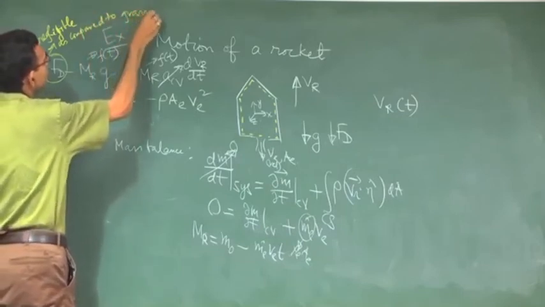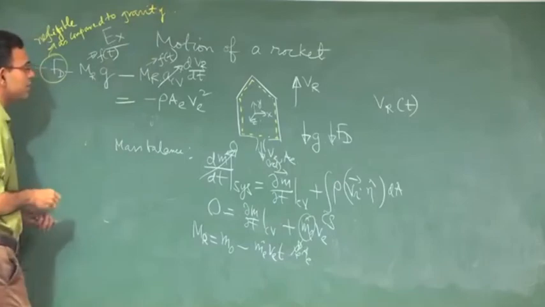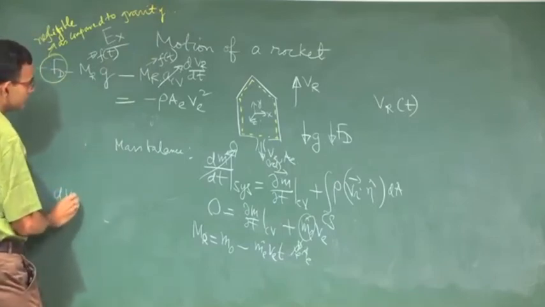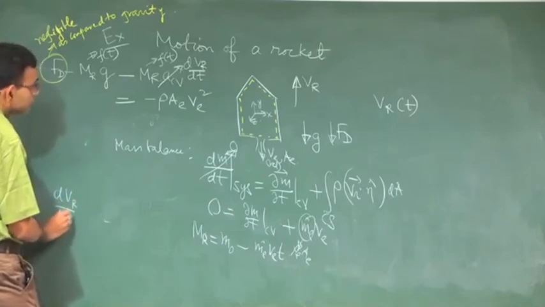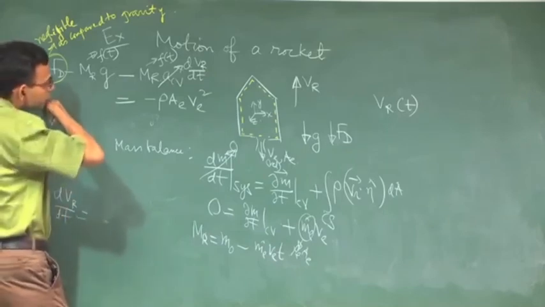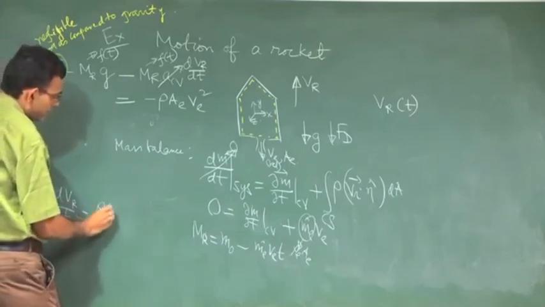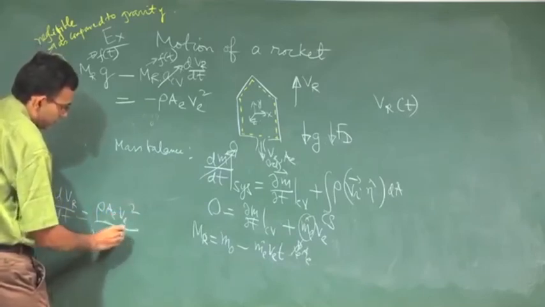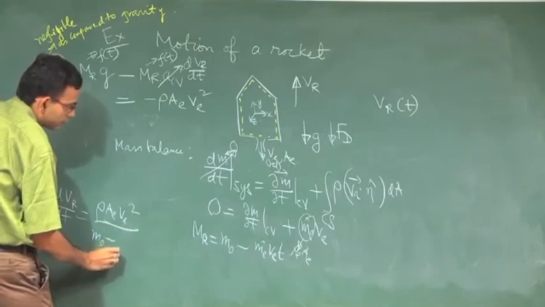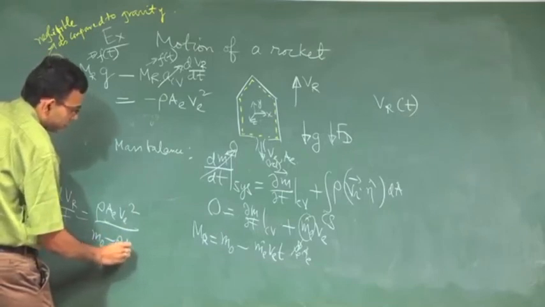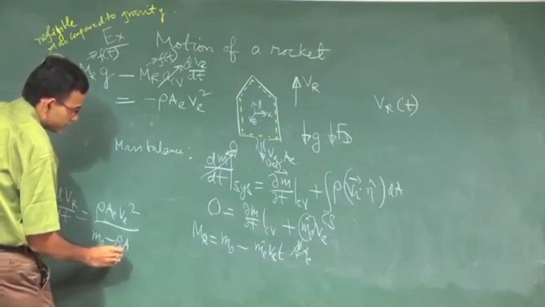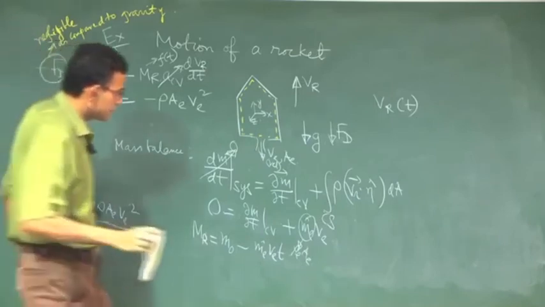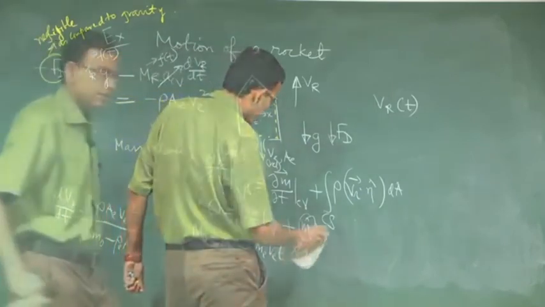So, you are left with the following differential equation: dVr/dt equals this one, right.